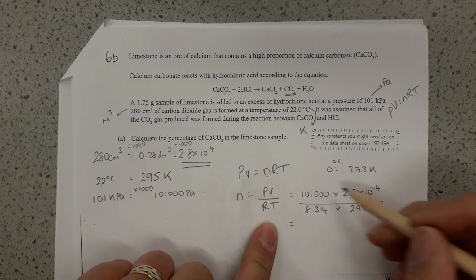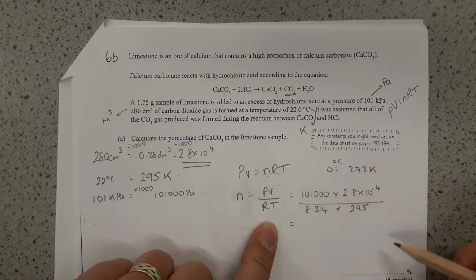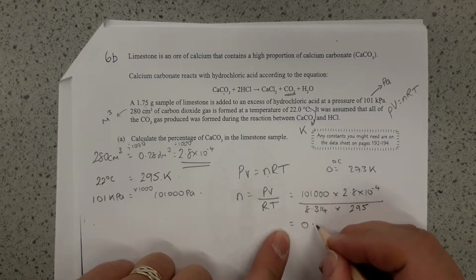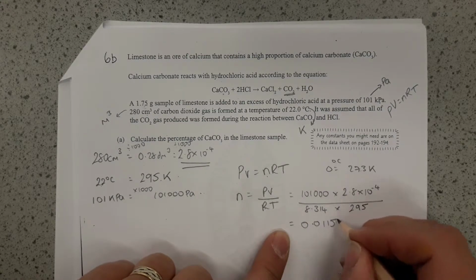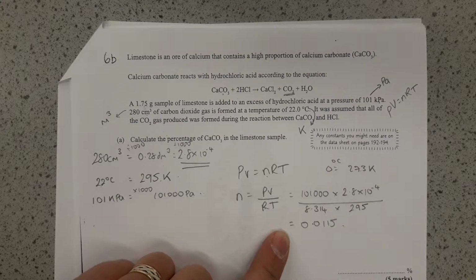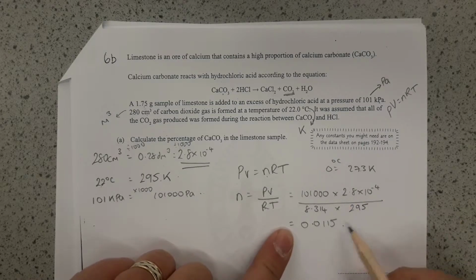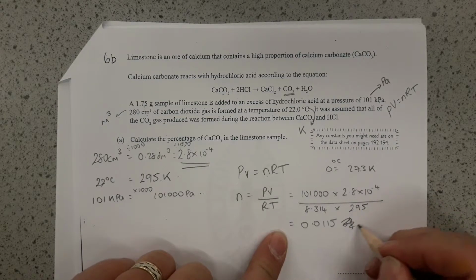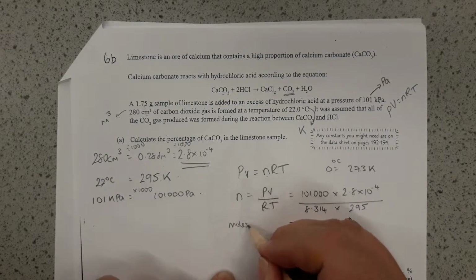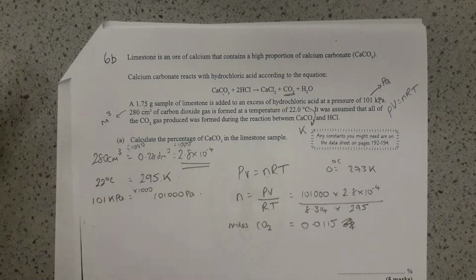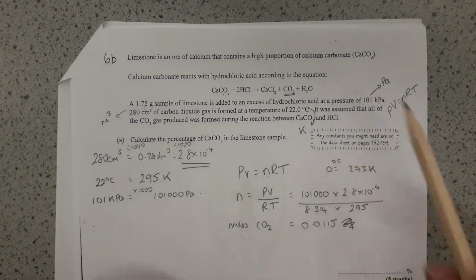Okay, so you work that out. So multiply the top out, multiply the bottom out. Top divided by bottom will give you an answer for the number of moles of 0.0115. Okay, that'll be another mark there. So this is the number of moles, let's put it on this side, the moles of CO2, because we're dealing with the ideal gas equation. All right.